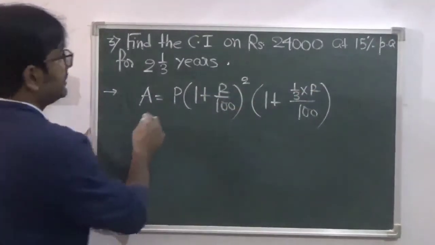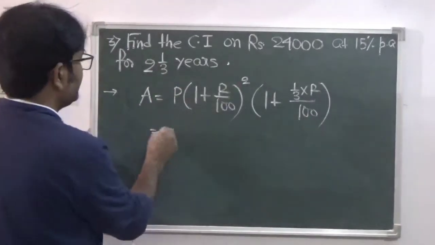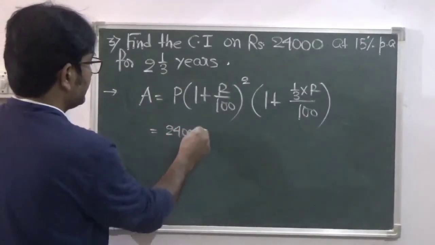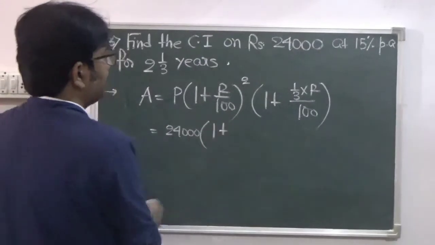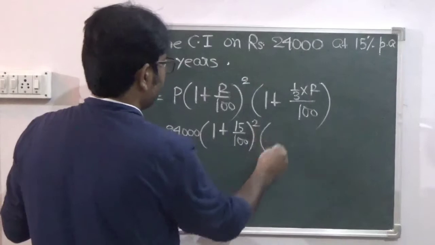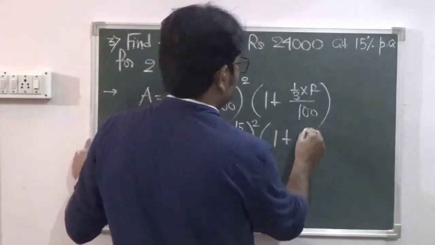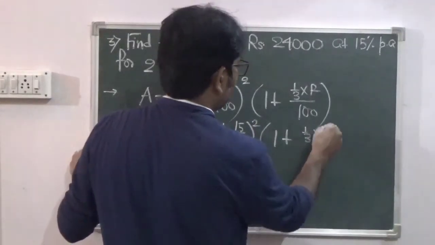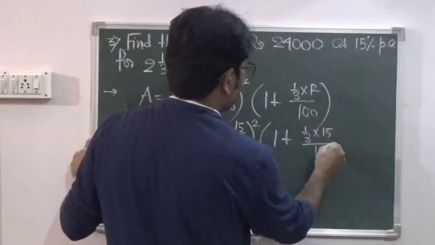So let us now write. Principal is 24,000, into 1 plus 15/100 to the power 2, into 1 plus 1/3 into 15/100.